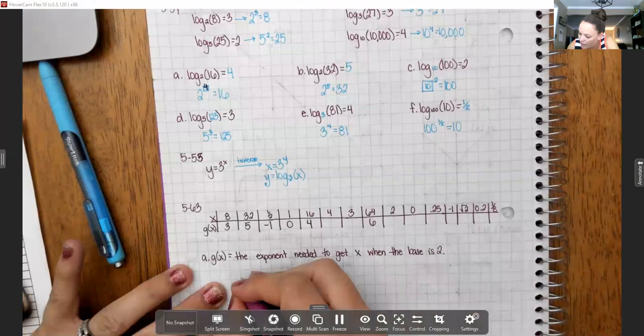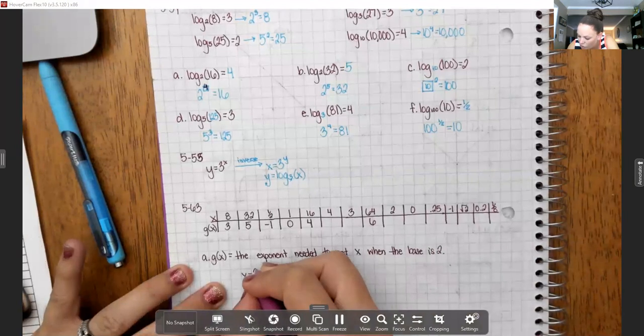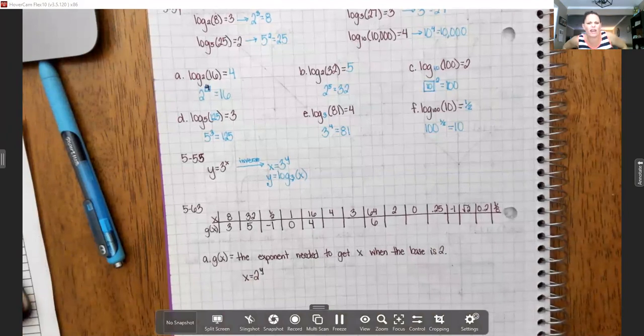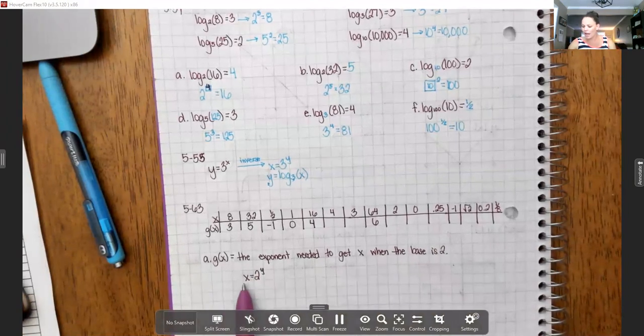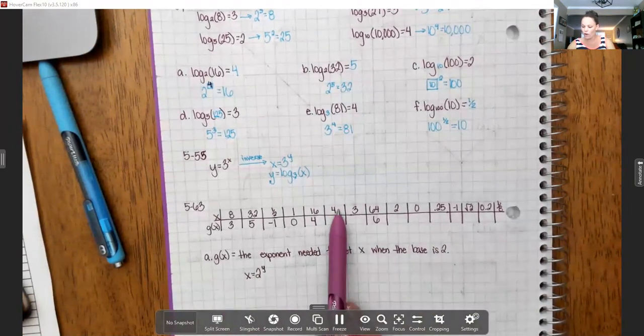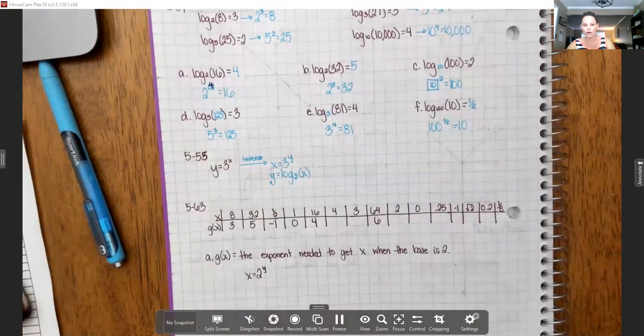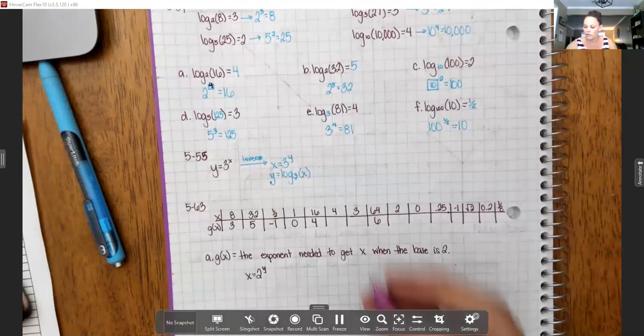So basically, x equals 2 to the power of, I'm just going to write y instead of g of x. But x is, so here, 4 is equal to 2 to some power, which would be 2.